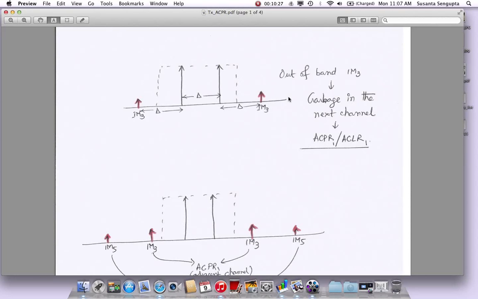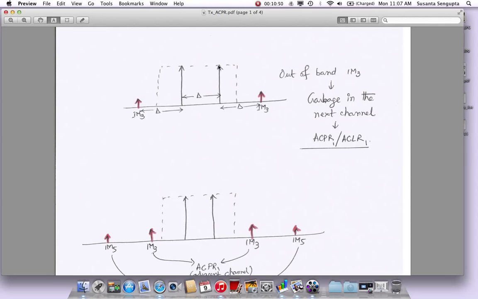Along with the adjacent channel, there is the alternate channel. If this is your channel n, this is n plus 1, then there is n plus 2. You don't want to dump a lot of noise in n plus 2 either, so there is a spec for that too, which we call ACPR 2. For example, in cellular systems, ACPR 1 is limited to 33 dBc.